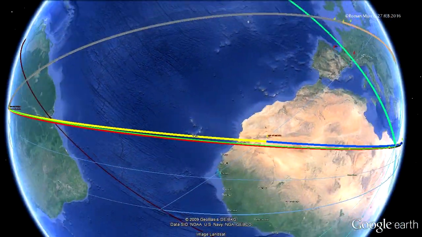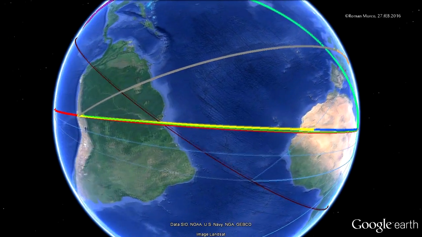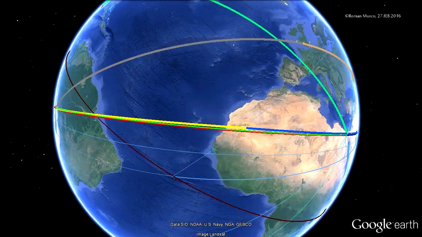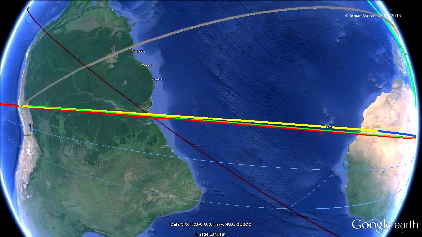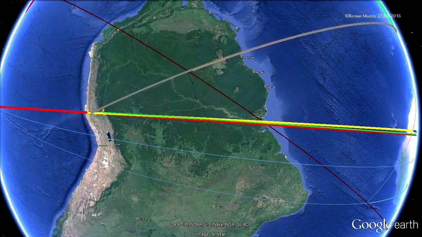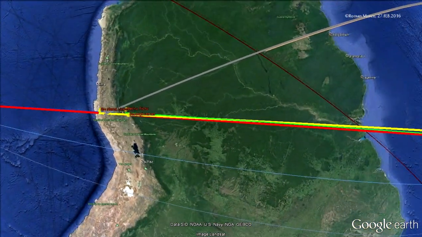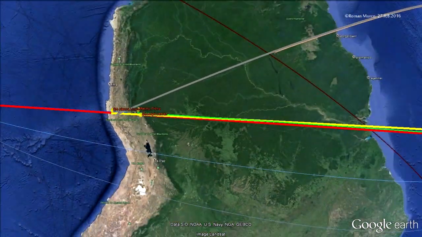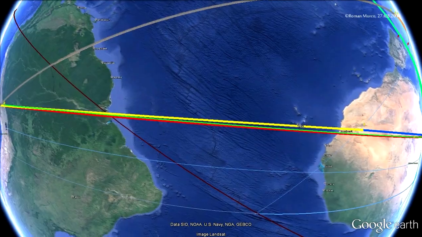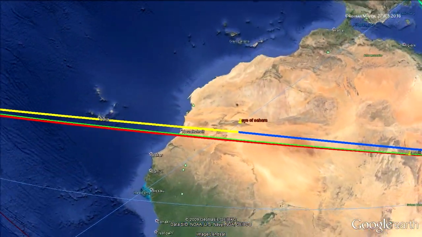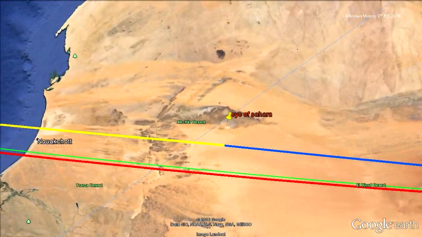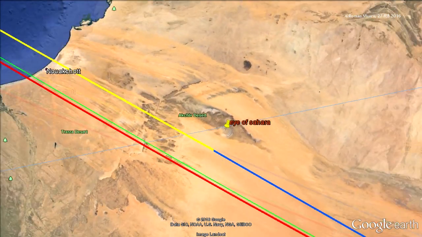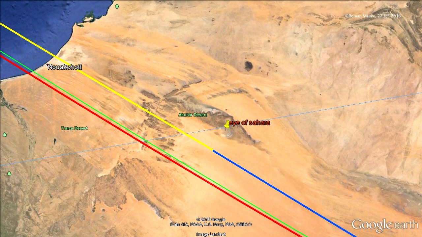You can see a couple of tens of kilometers, but it's really very close to 8,000 kilometers from Mohenjo-Daro, and this yellow line is exactly, this is very precise, exactly 8,000 to Nazca. So this is very precise.